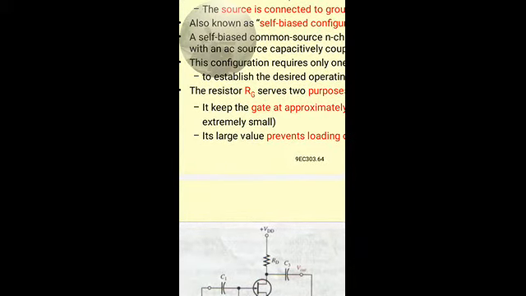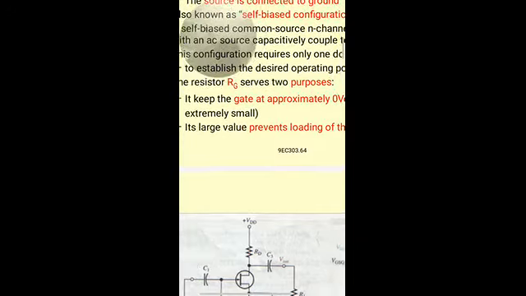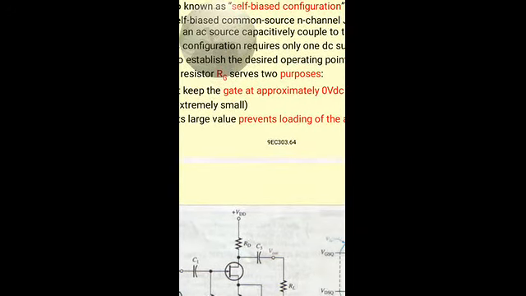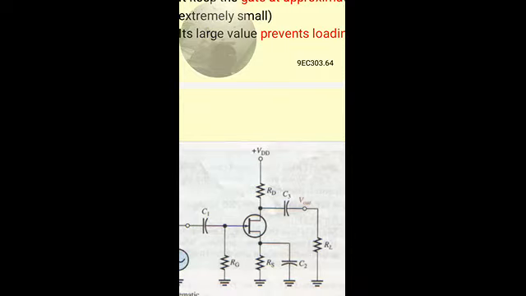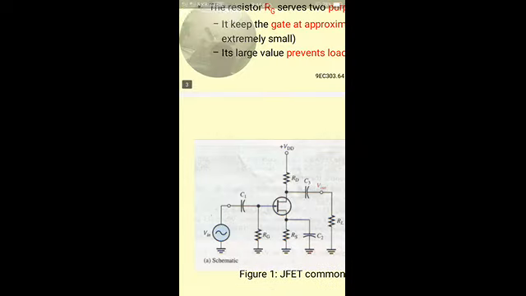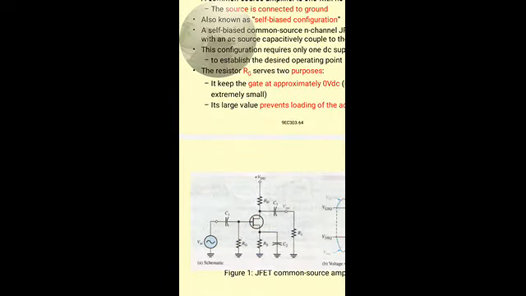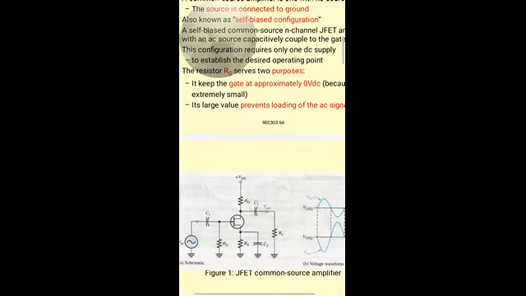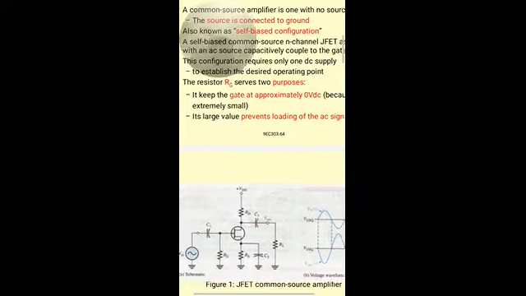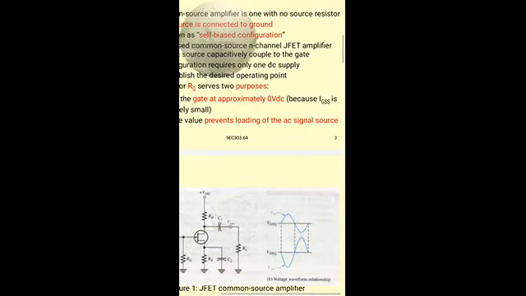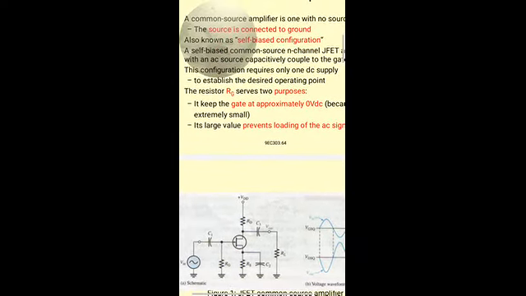Here the resistor Rg, that is the parallel combination of R1 and R2, serves two purposes. The gate is approximated at 0 volts because IGSS is very small.